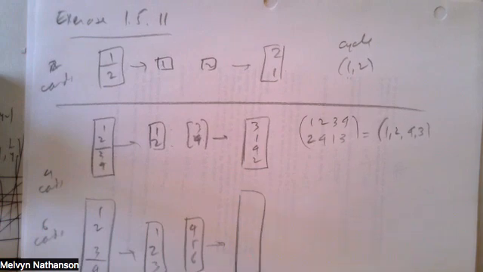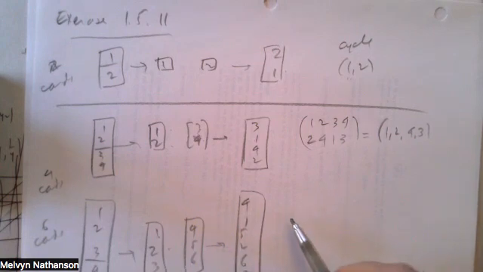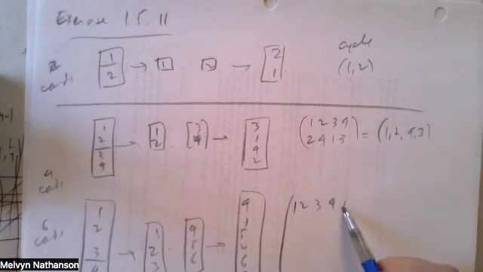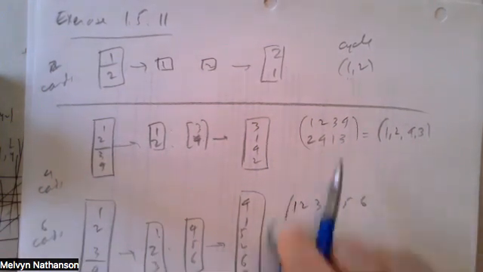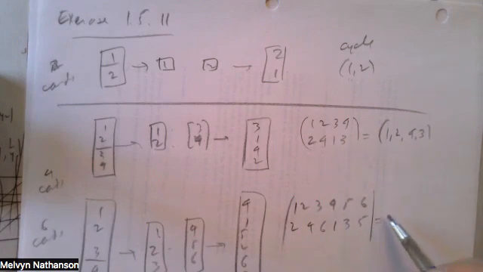When I shuffle them, I go 4, 1, 5, 2, 6, 3. 1 ended up in the second position, 2 in the fourth, 3 in the sixth, 4 in the first, 5 in the third, 6 in the fifth. So as a cycle, this is 1 goes to 2, goes to 4, goes to 1, 3 goes to 6, goes to 5, goes back to 3.